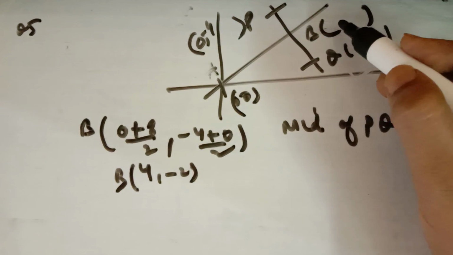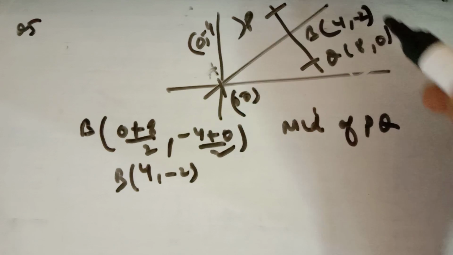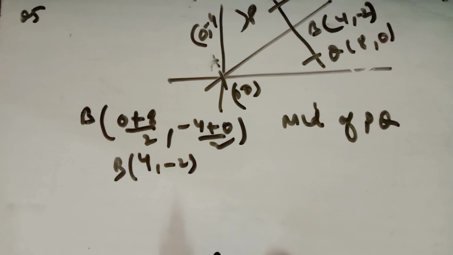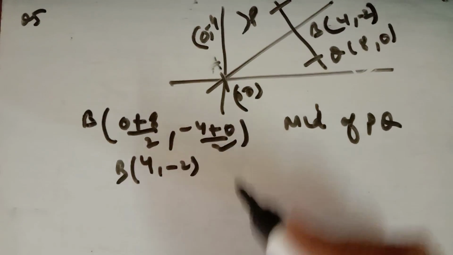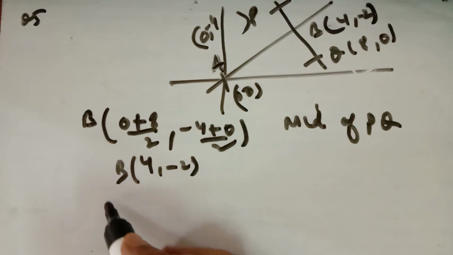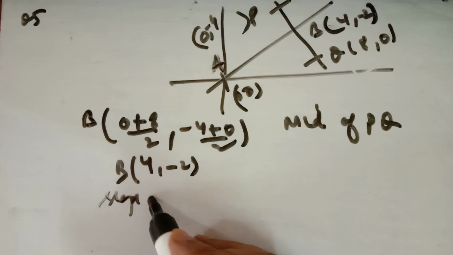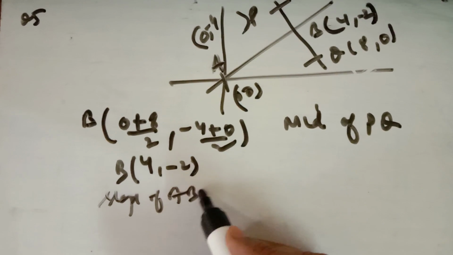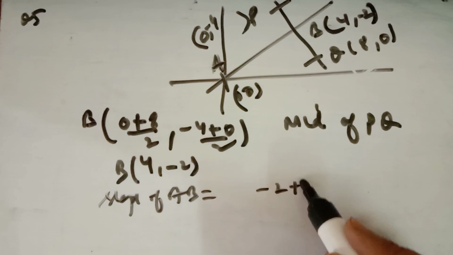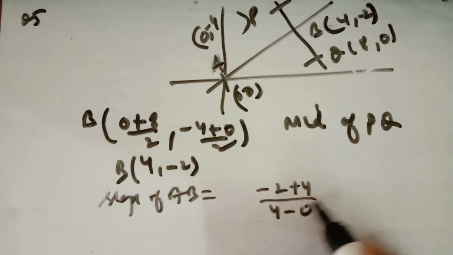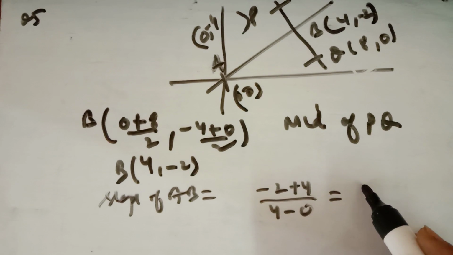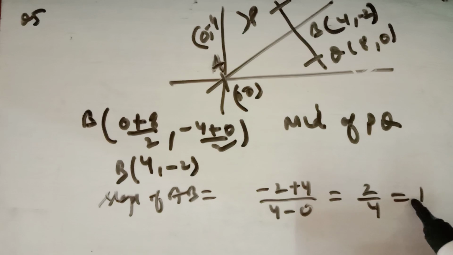This is the coordinate of the point B. Now you have to find the slope of AB. The slope of AB will be y2 minus y1 upon x2 minus x1.